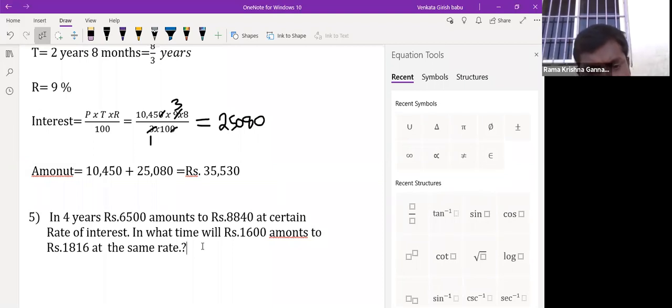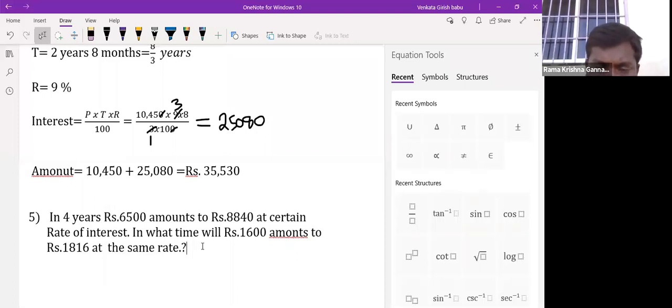Then in the next step, in what time will 1,600 rupees amount to 1,816 rupees at the same rate? In the second step, 1,600 is the principal, 1,816 is the amount, and interest is 1,816 minus 1,600.